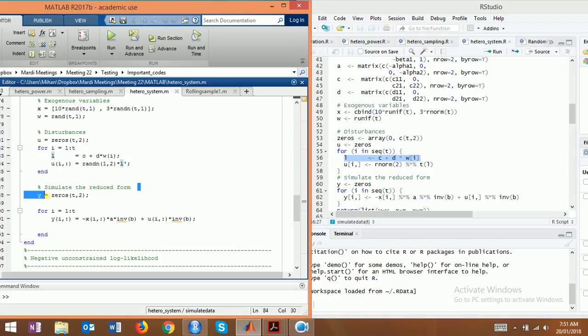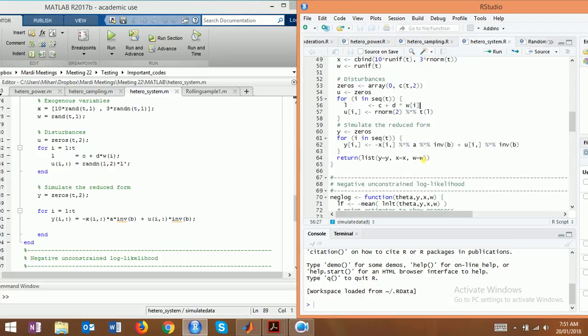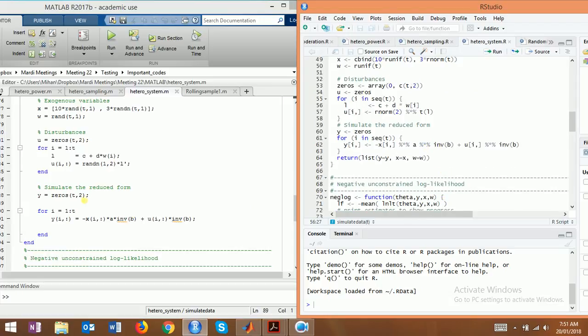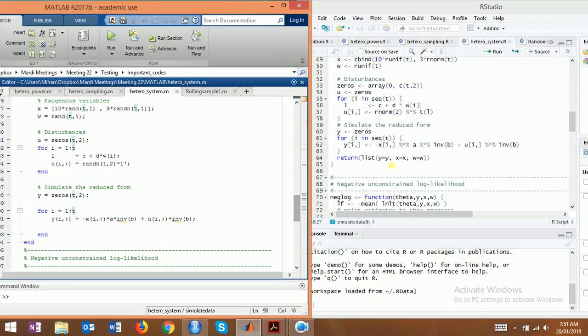Simulate the reduced form, so D disturbance and also zeros T. Again, we already have zeros, array 0 C T2. We do that, and for i in sequence T, y i minus x i inverse b.